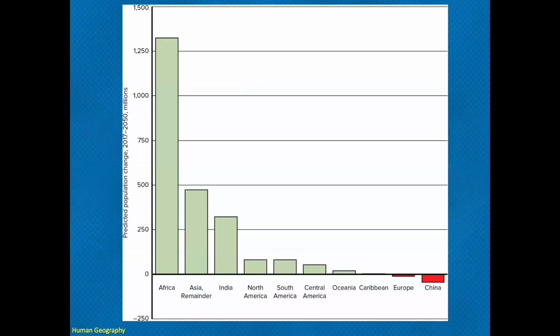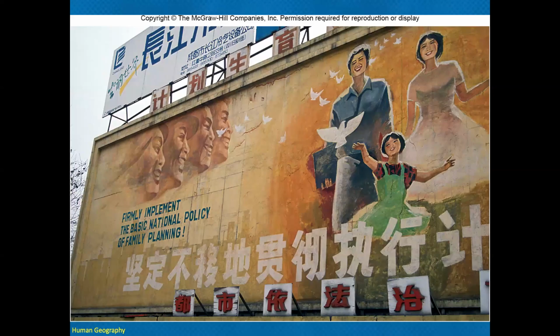Notice where you tend to find the idea of projection population change. And so who is growing the fastest? Africa, Asia, and then India, North America, and so on and so on. In China, there's some basic national policy and family planning that has been sort of started, stopped, started again, stopped again.